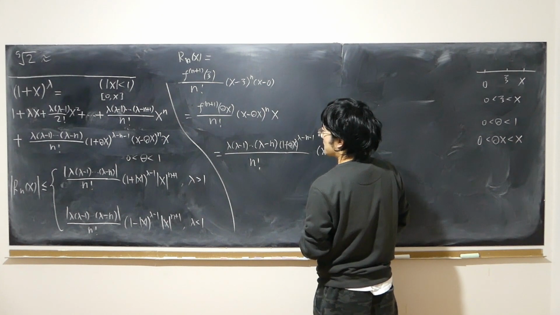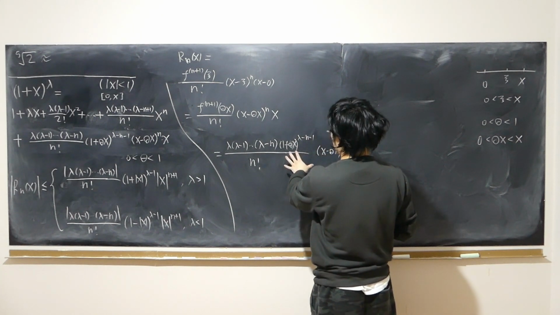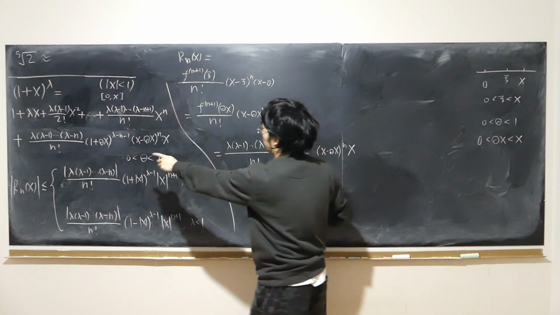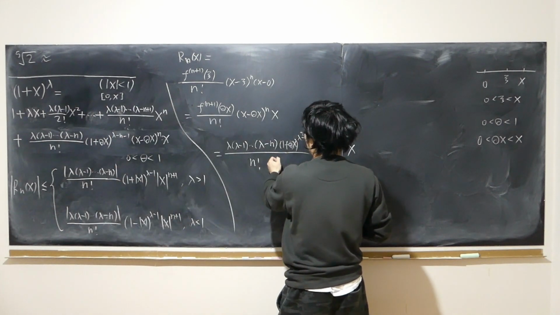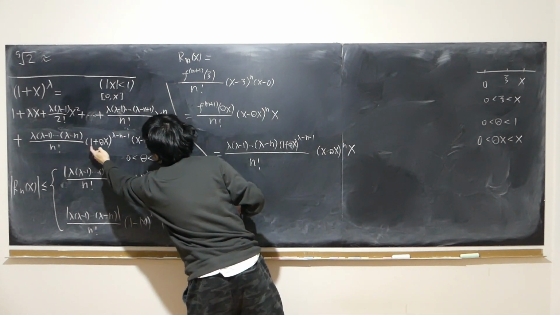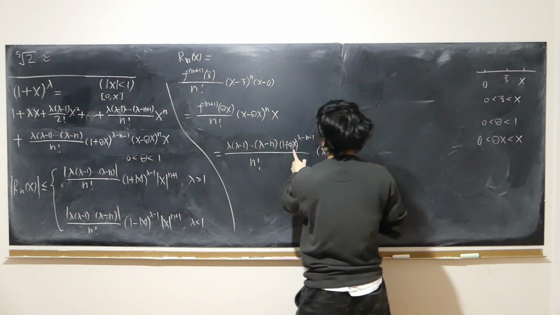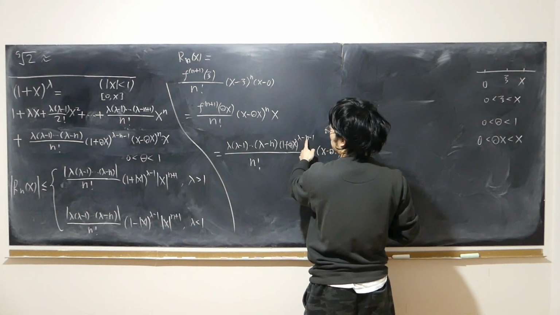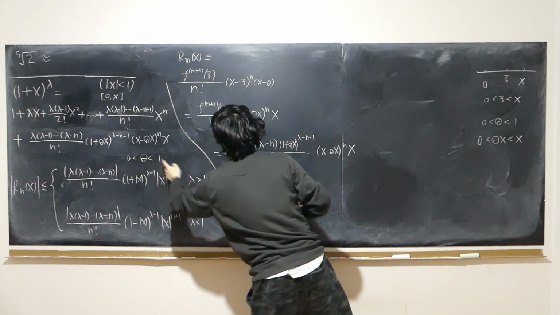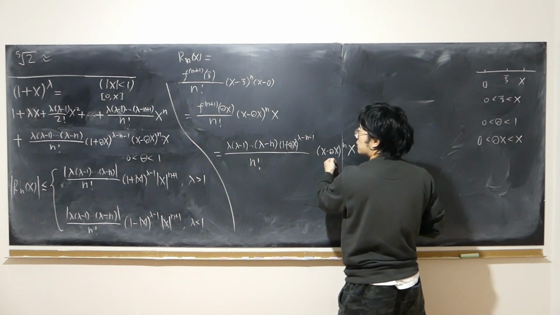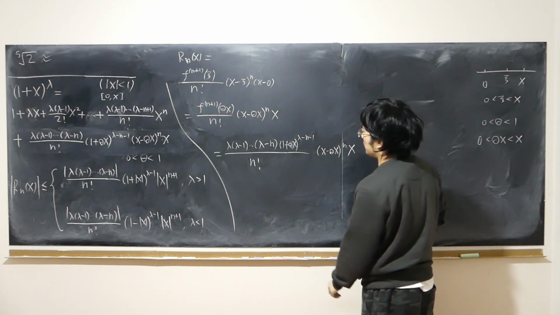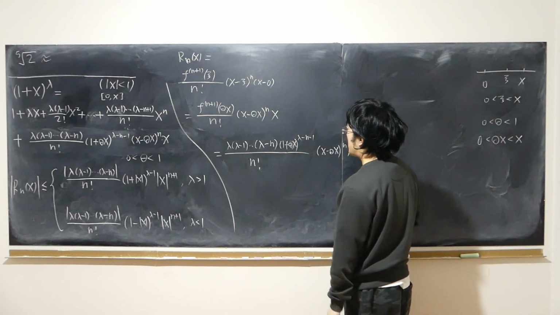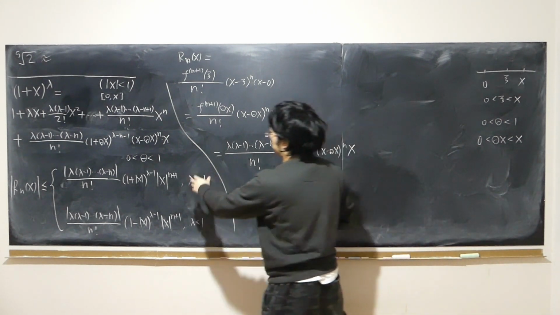Now I have this expression: lambda times lambda minus 1 all the way down to lambda minus n, over n factorial, times 1 plus theta x to the same power. Then I have x minus theta x to the power of n times x, treating x as a fixed point. So this is my Cauchy remainder.